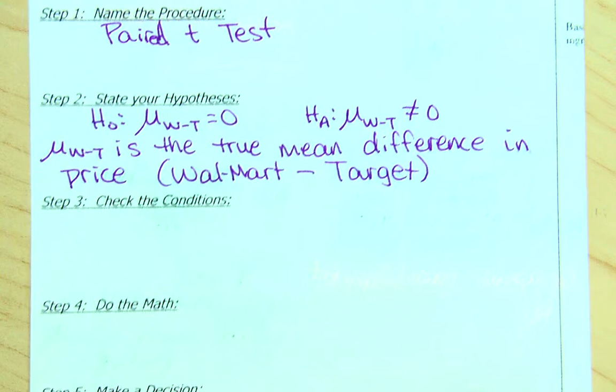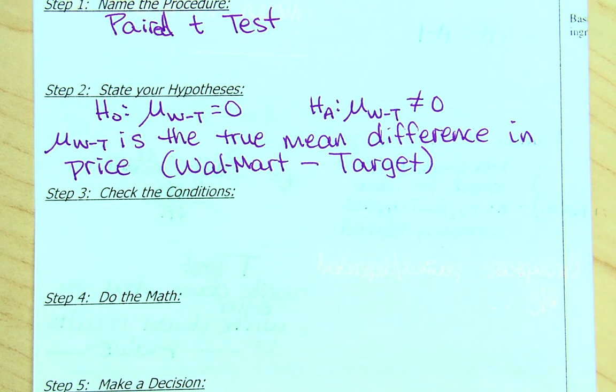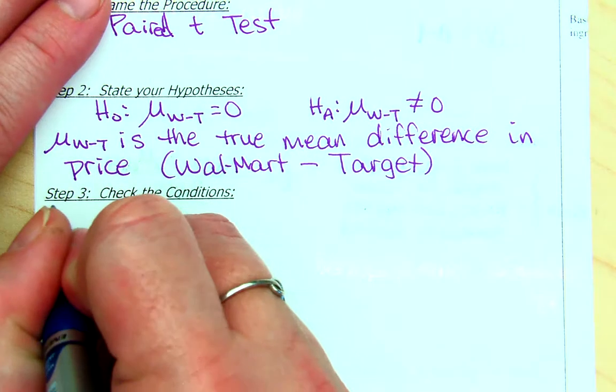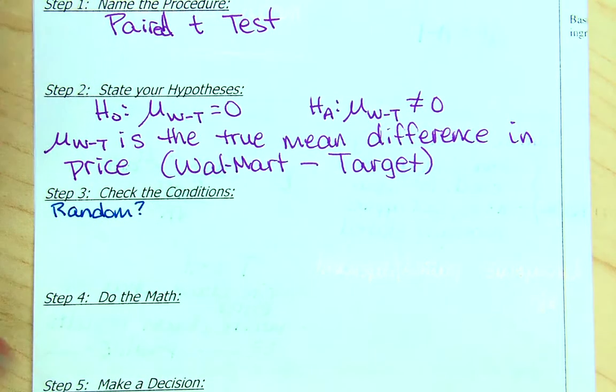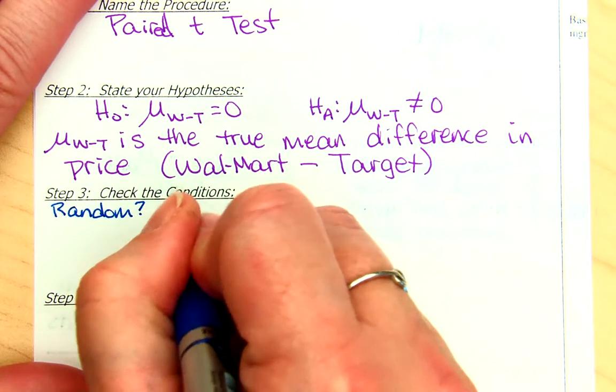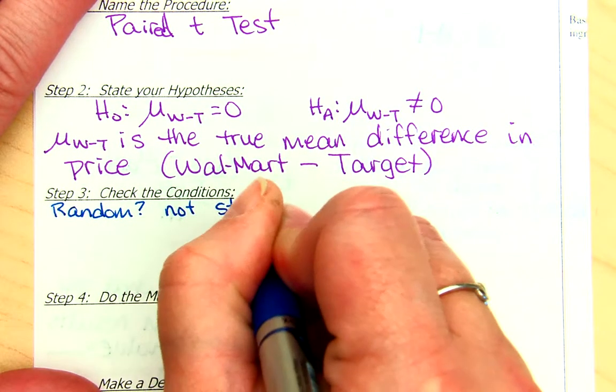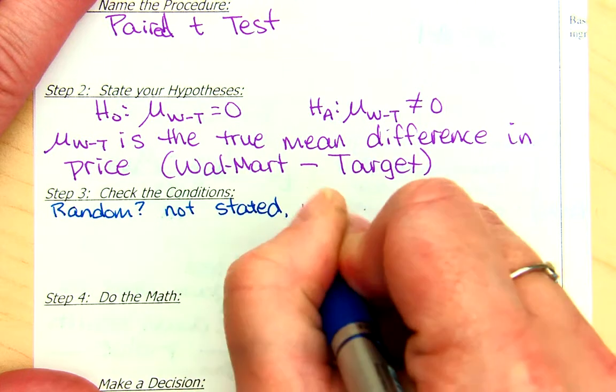For our conditions, first condition, randomization. Did they say anything about randomization in the problem? No. So we're going to put not stated, proceed with caution.